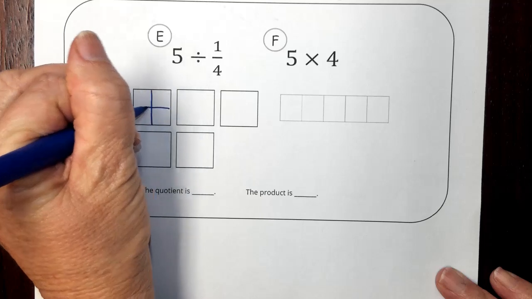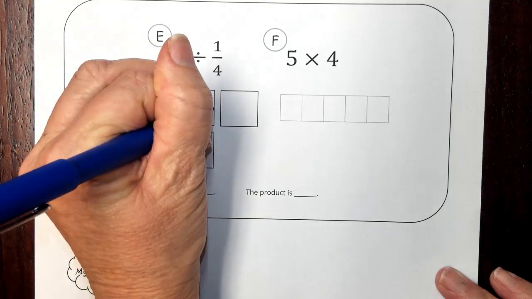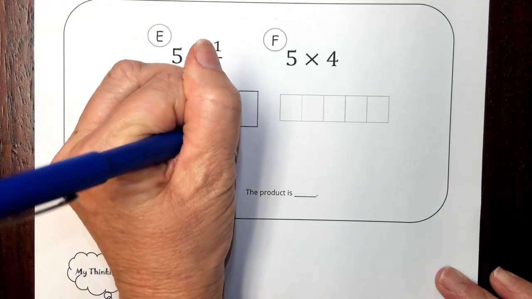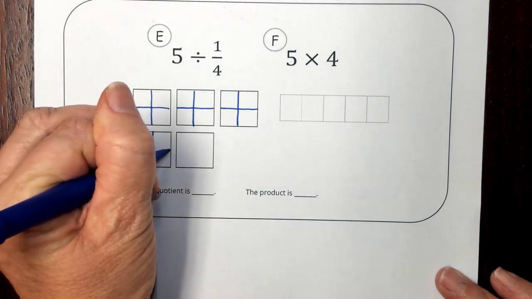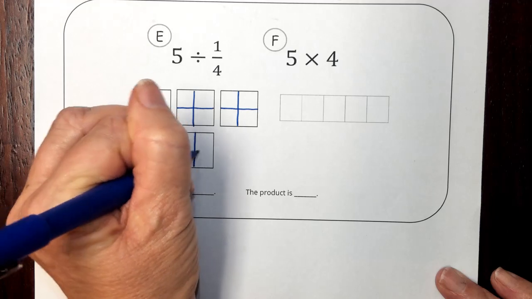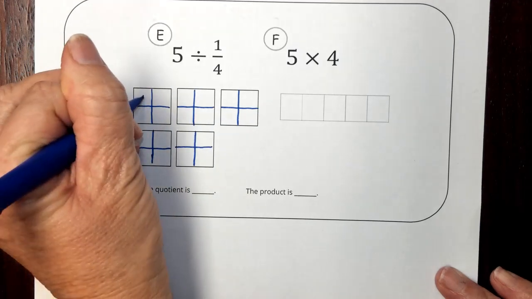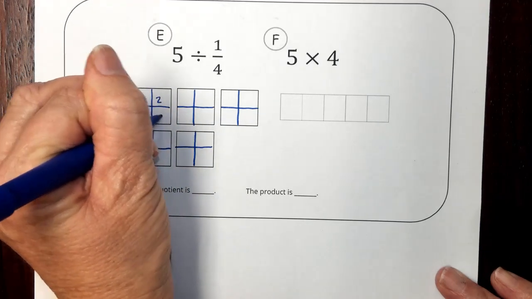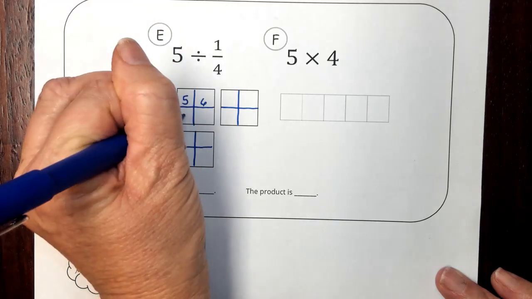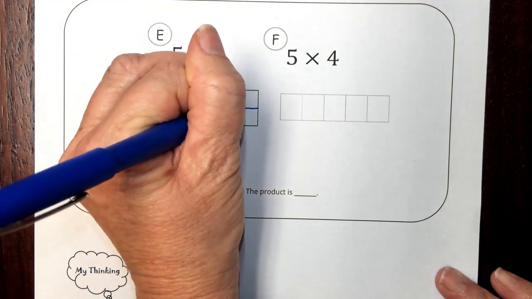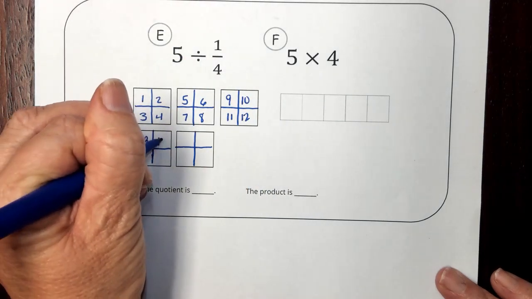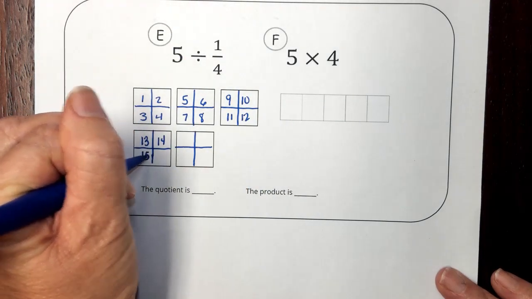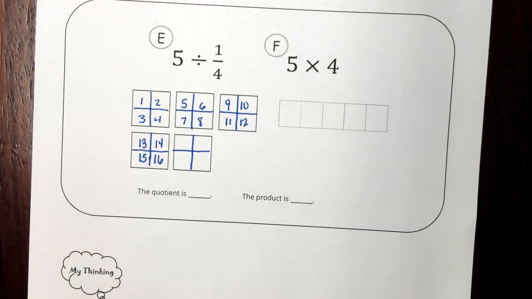We're going to cut them into 4s. 5 divided by 1/4 would end up giving us how many 1/4 pieces? 1, 2, 3, 4, 5, 6, 7, 8, 9, 10, 11, 12, 13, 14, 15, 16.